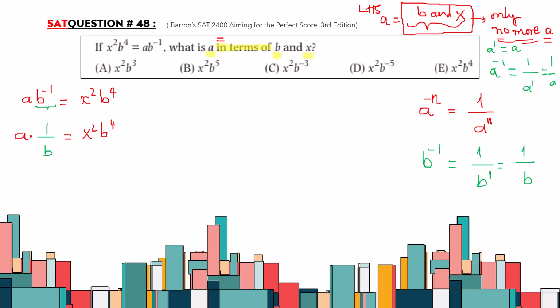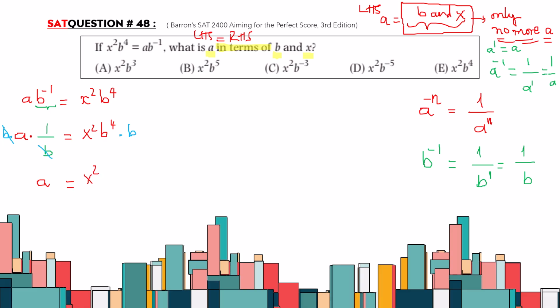Now to solve for a, we isolate a by multiplying both sides by b. Then this b cancels out with this b. We have only a on the left hand side, and we wish to solve for it, so a is equal to x squared.